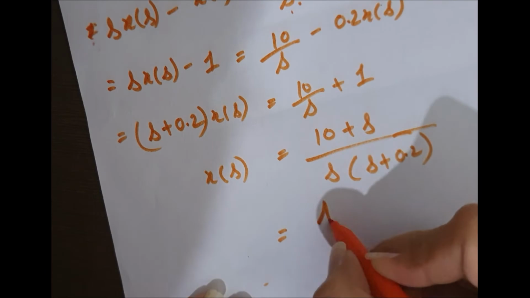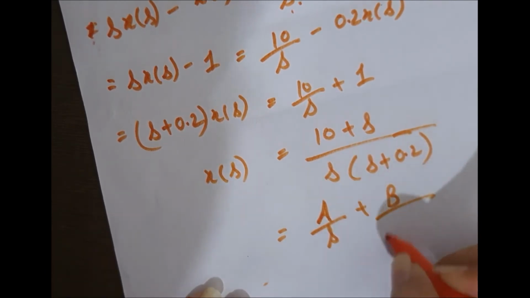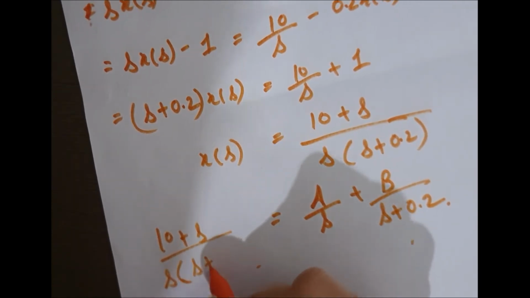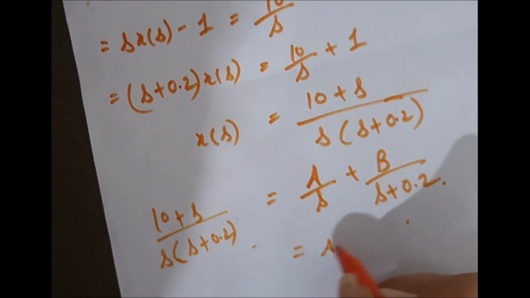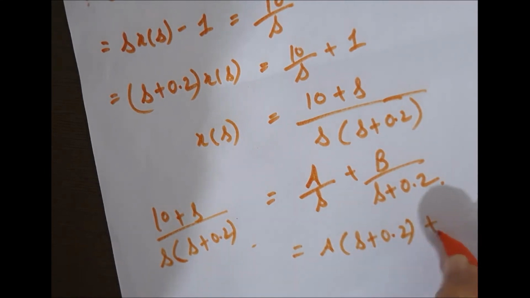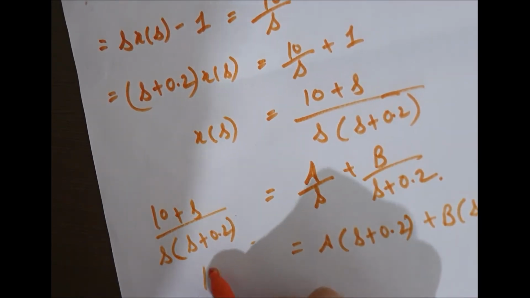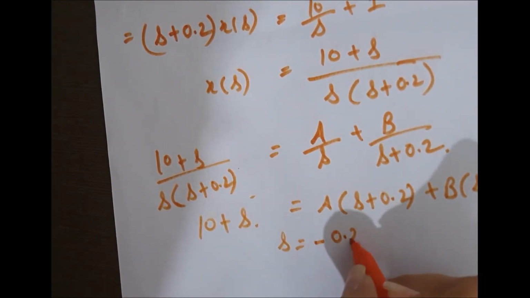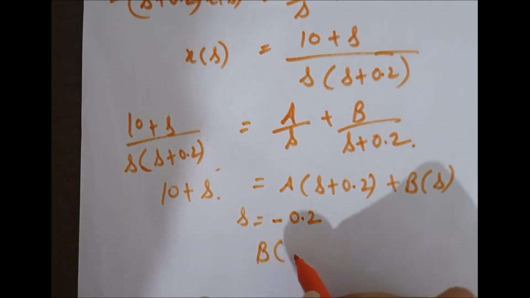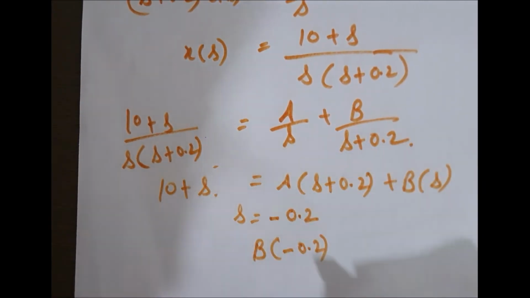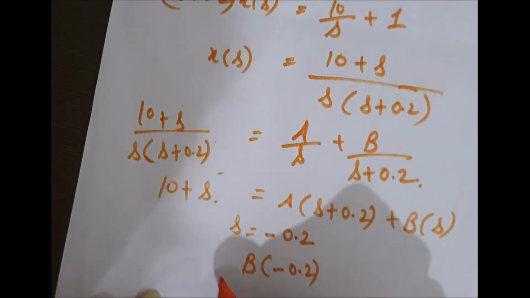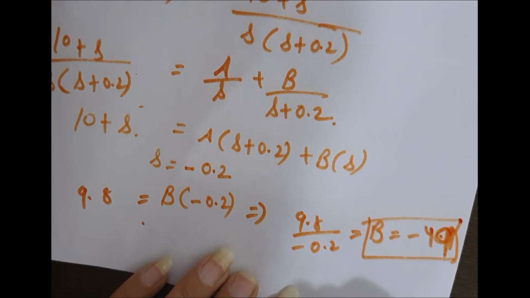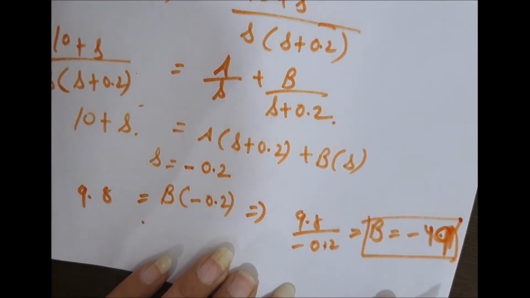Solve it using partial fractions. Putting s equal to minus 0.2, it will be 10 minus 0.2, which is 9.8, and B will come out to be 49.